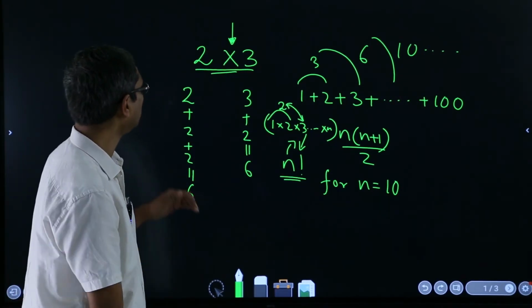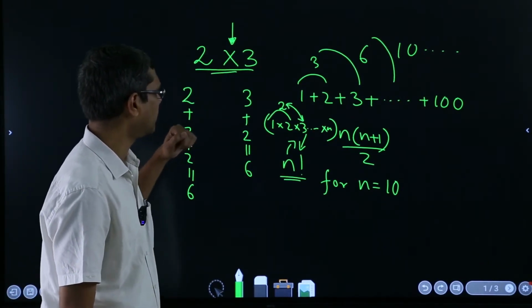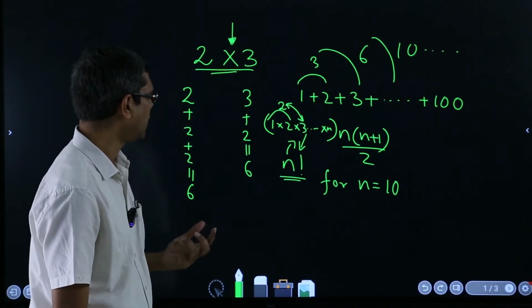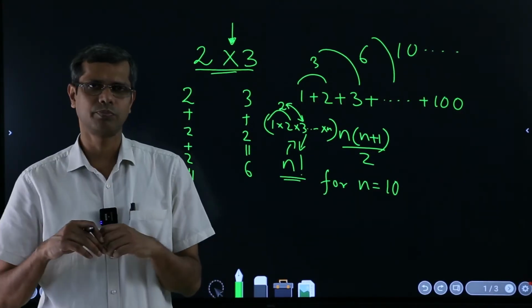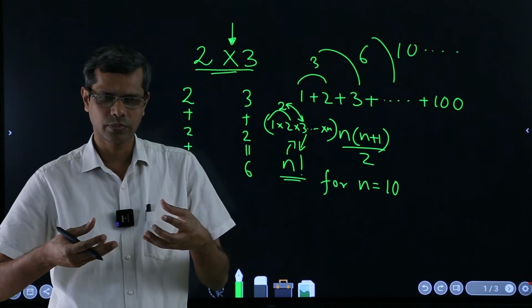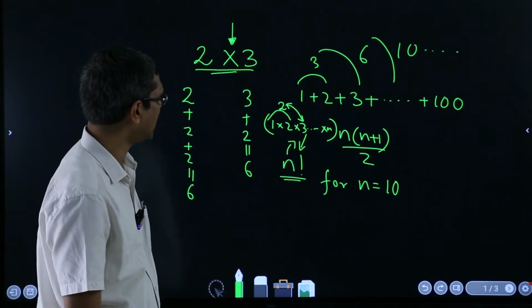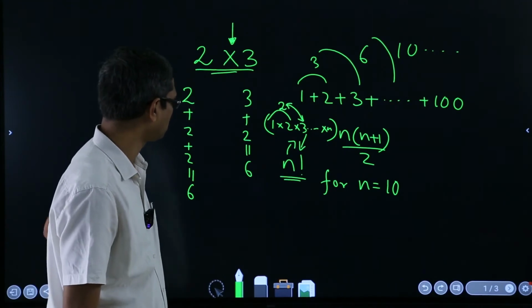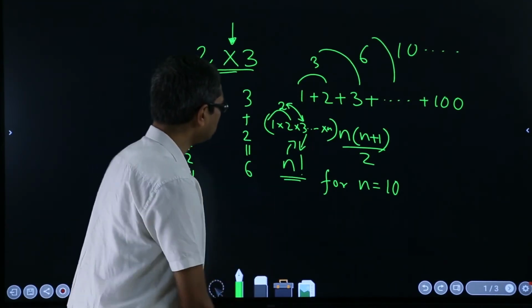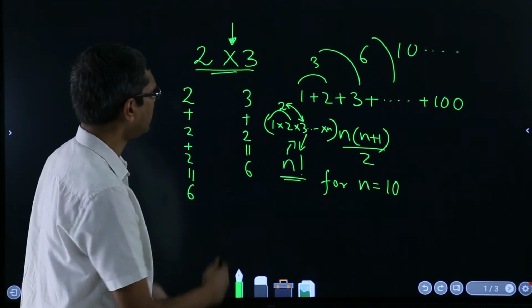So I'll give you some problems which can be simplified down to just addition. For example, factorial, multiplication.